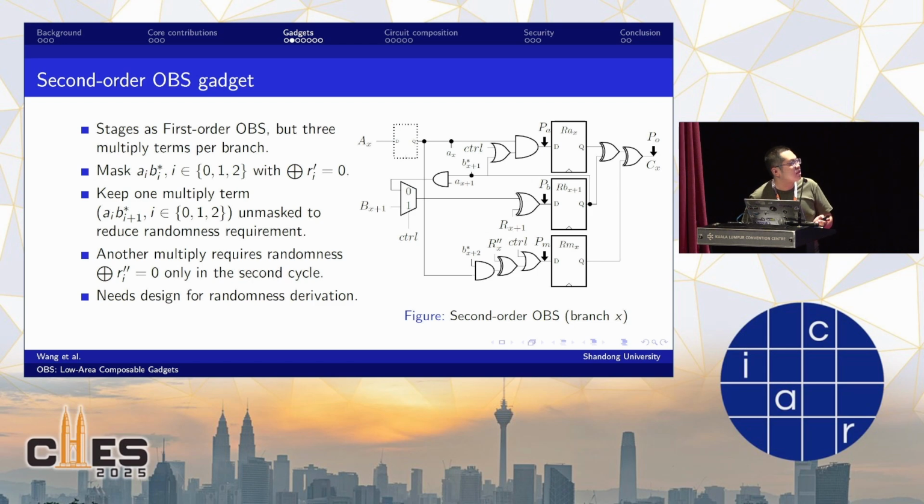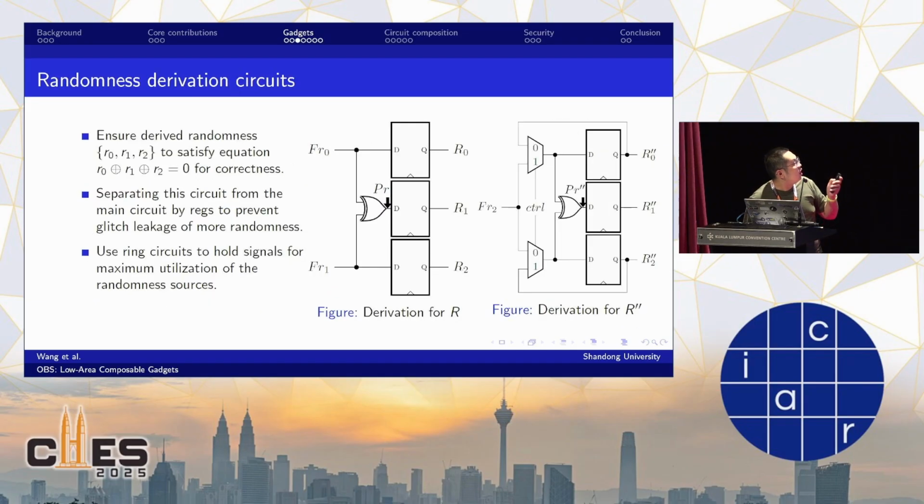So it is the same as the ring circuit case. So we use the randomness derivation circuit to finish this work. The randomness derivation circuit ensures the derived randomness satisfies the equation, and we isolate the randomness derivation from the main computation to prevent glitch leakage on the randomness circuit side.